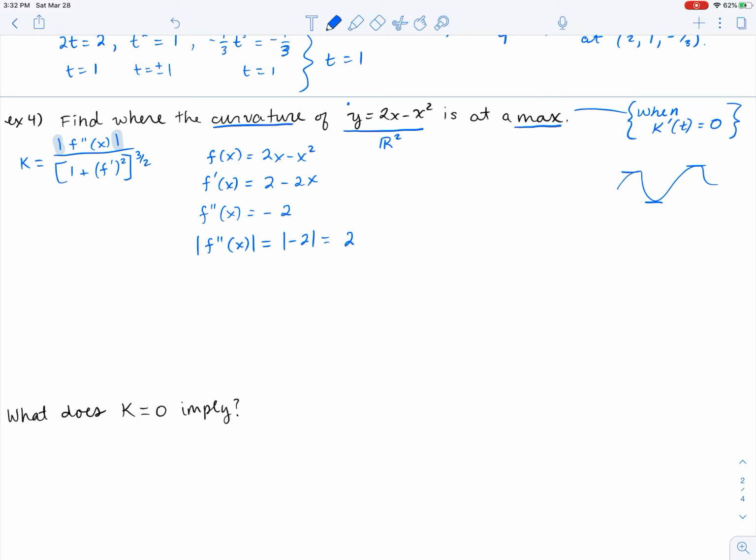So let's plug into our formula. We have 2 in the numerator, and in the denominator we have 1 plus the first derivative squared. So I'm going to go ahead and square it right now: 4 minus 4x plus 4x squared. And this is all going to be raised to the 3/2 power.